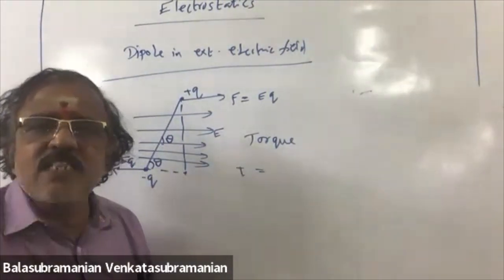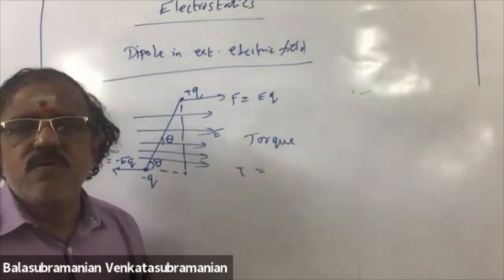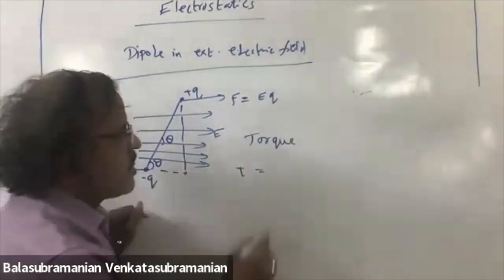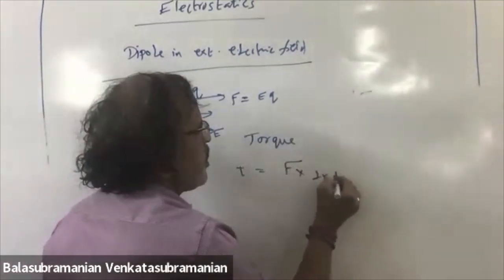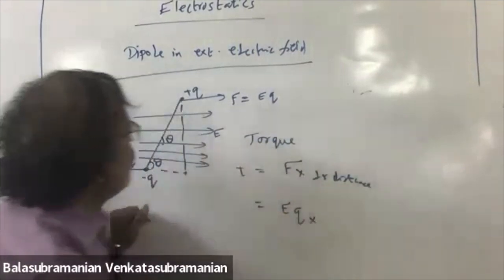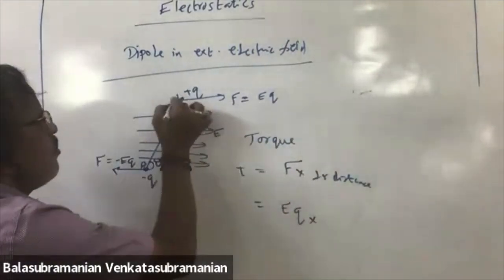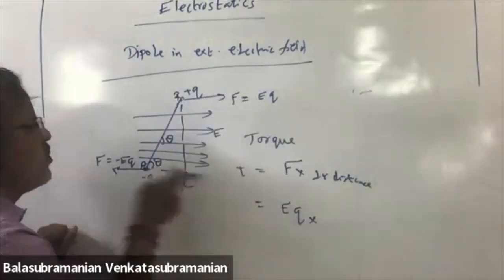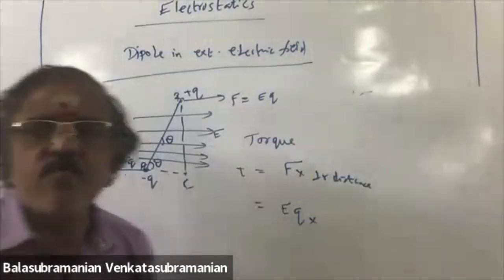That will rotate the dipole. That rotating force only we call torque. That torque is force into perpendicular distance. Force is EQ. Perpendicular distance is BC. This force into BC or this force into CB, both are the same.